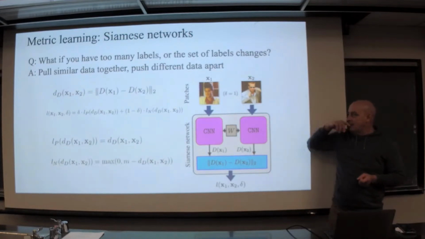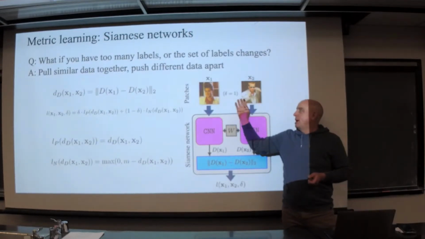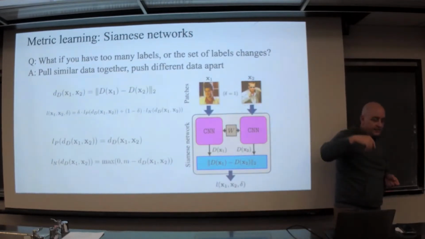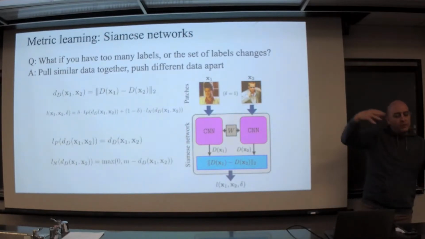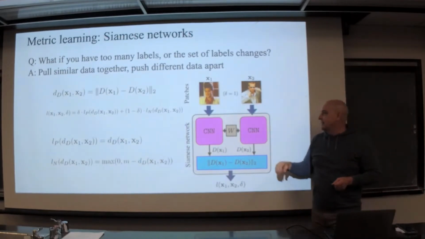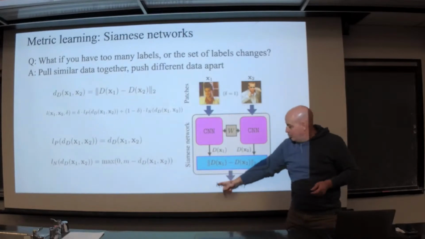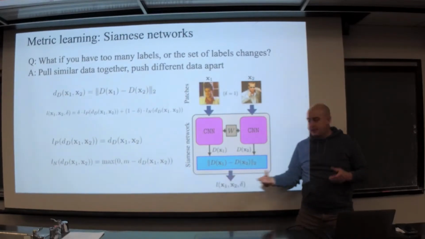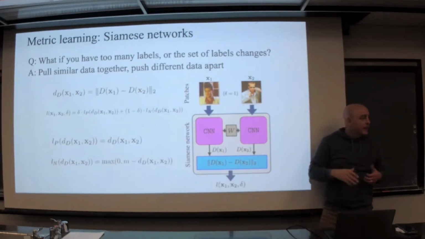So you sample pairs of images from the same class, do this for a bunch of different classes, and you have these contributions to your loss from each of those pairs, and then you minimize that. And that's called a Siamese network.